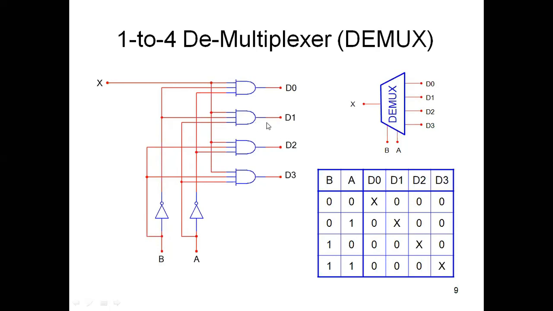So the total value is D1 is nothing but 0. When A is equal to B is equal to 0 and X is equal to 1, calculate D1. So A is equal to 0 and B is equal to 1 and X is equal to 1. So 1, 1, 0. So here D1 is also 0.